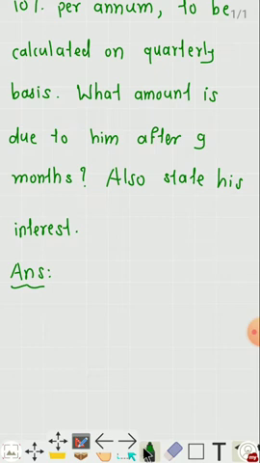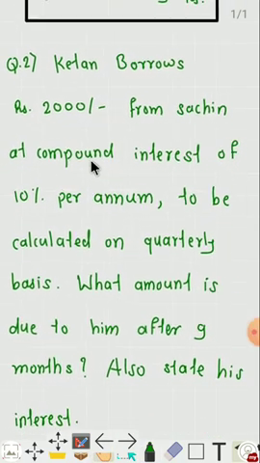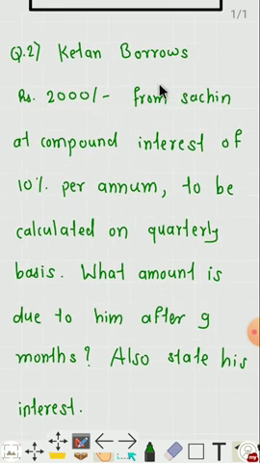So first of all we read this question once again. Ketan borrows rupees 2000 from Sachin at compound interest of 10%. So this is our principal.